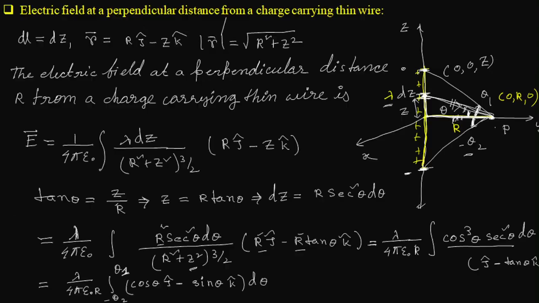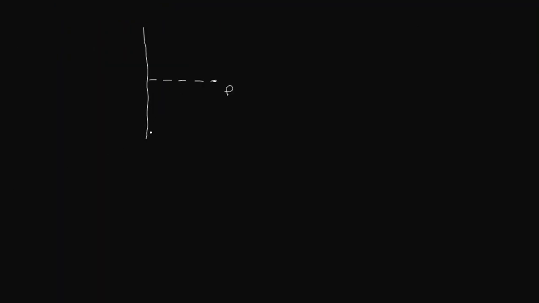Let me draw another figure. Let's say this is a charge carrying wire, and we want to calculate the electric field at this point. So what will be the limit of this integration? If we put the value of theta, first we have to connect the end point of this wire with this point. Then you have to see what is the angle between these two lines.